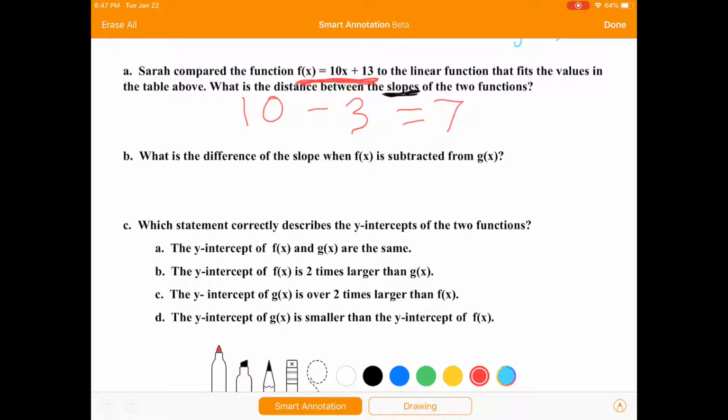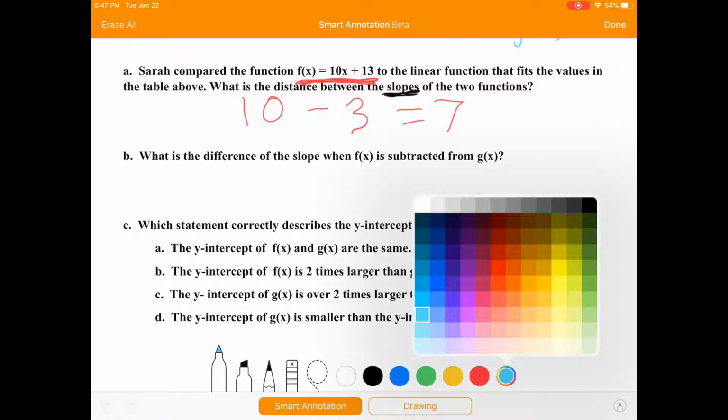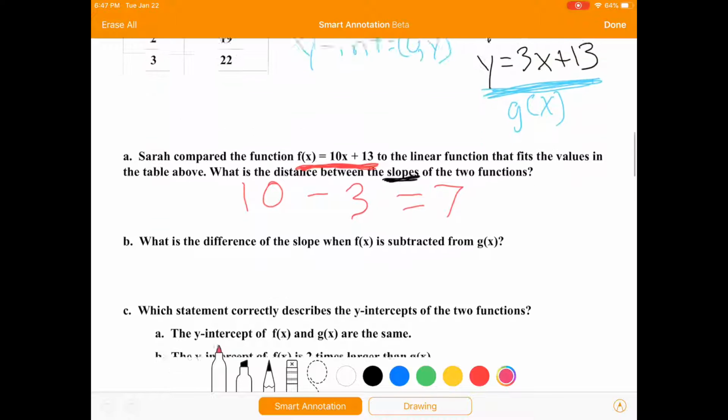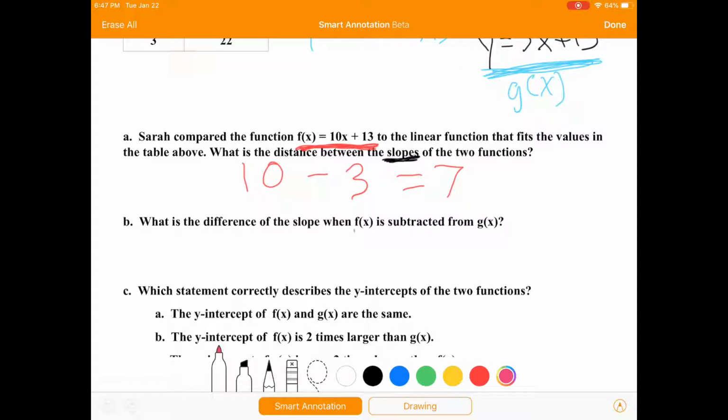Next question is, what is the difference of the slopes when f of x is subtracted from g of x? So what we're asking here is... f of x slope is 10 and is subtracted from g of x, which is 3. So 10 is going to be subtracted from 3.